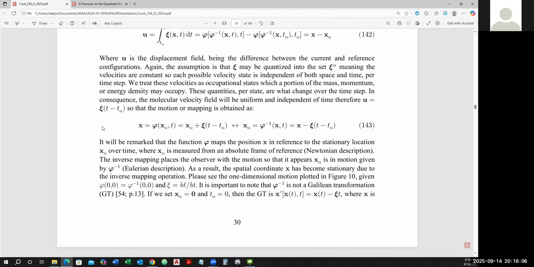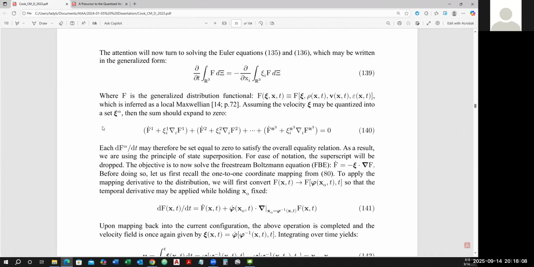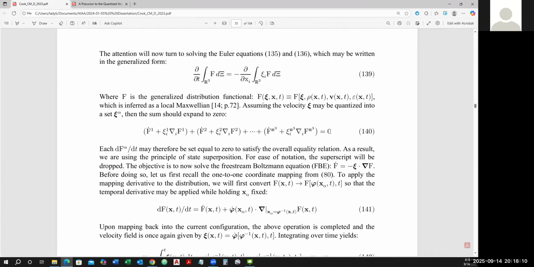What we're doing here is using the principle of superposition and solving multiple equations of motion. You look at 139 and 140. 139 is the continuous form. 140 is the quantized form. That's what we're solving. And they're all independent. I could set this first equation of motion equal to 0, the second one equal to 0, the third one equal to 0.